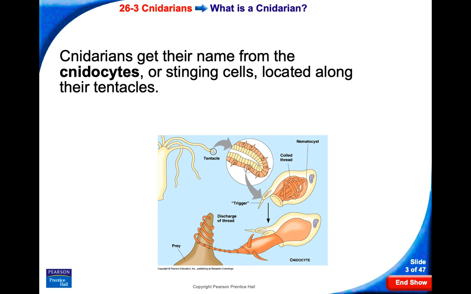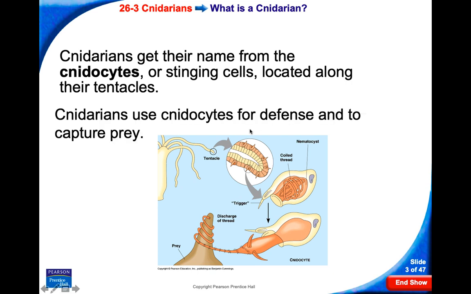And usually these stinging cells are located on their tentacles, on the tips of their tentacles, like you can see here. This is a tentacle zoomed up, and they're built into that outer wall called the epidermis. This is what one of them looks like. And then if this were a prey, you can see that they actually shoot these special structures inside out like a dart.